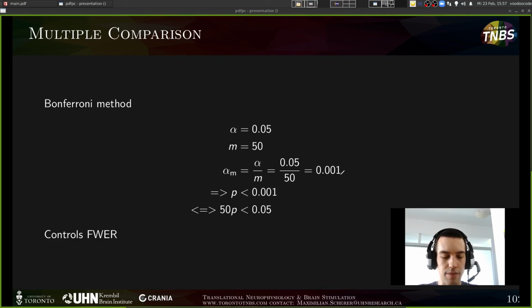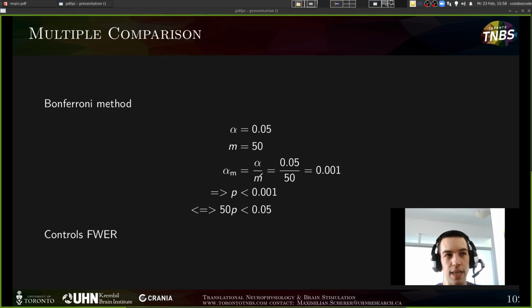And with multiple comparisons, you basically have two issues coming in. If you have a really large hypothesis count, it's going to be really hard to still have significant results. And on the other hand, the second issue is what do you define as a scope? Usually with those 50 tests, you could say all of them are independent, and then the number of tests you would have to correct for is 50.